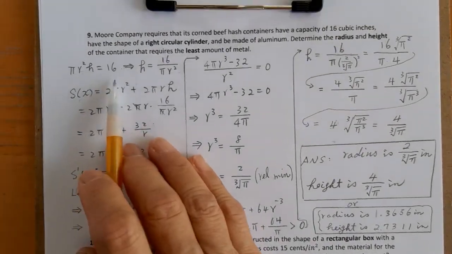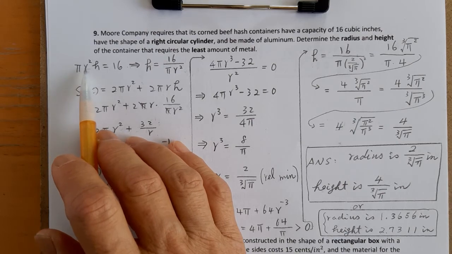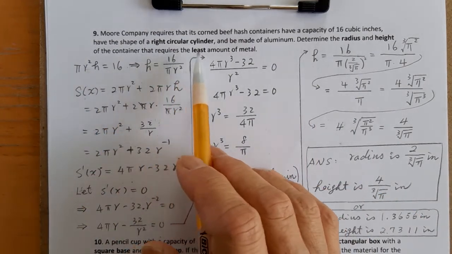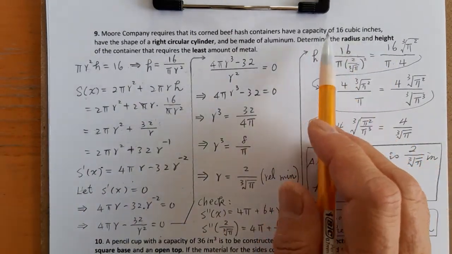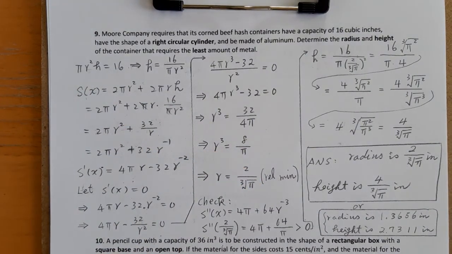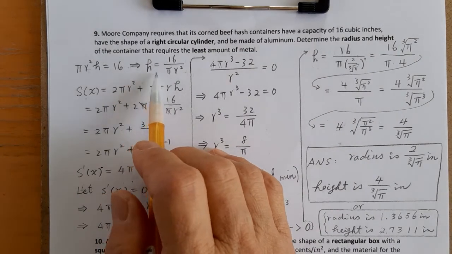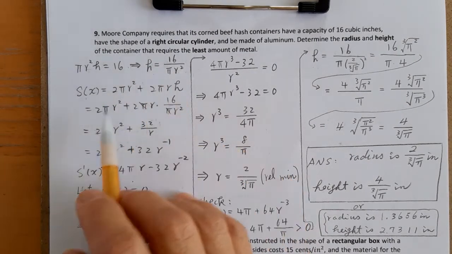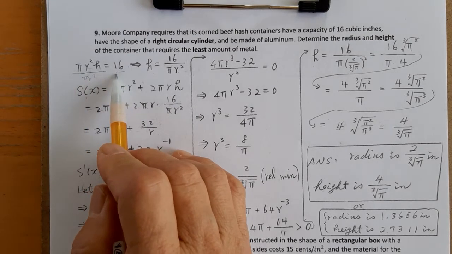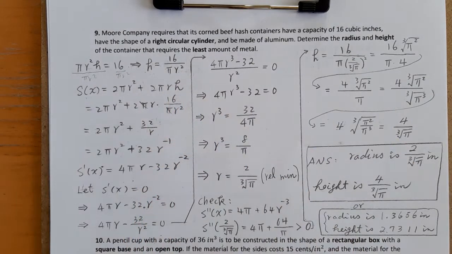Volume is base area, circle area pi r squared, times height. This is the volume of a right circular cylinder. Here the given volume needs to be 16 cubic inches, so it equals 16. From here you can write h in terms of radius r: divide by pi r squared on both sides. We get h equals 16 over pi r squared.